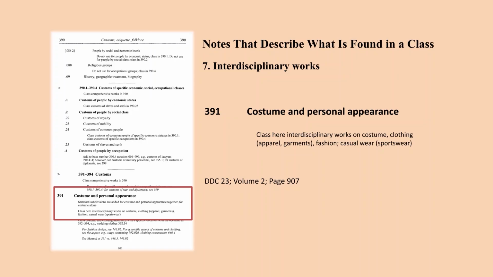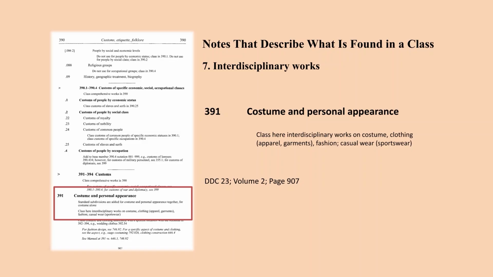The seventh one is interdisciplinary work. If you go to 391, that is available in page number 907 of volume 2, we will get costume and personal appearance. The note is something like that class A interdisciplinary work on costume, clothing, fashion, casual wear, all comes under the class 391, costume and personal appearance.